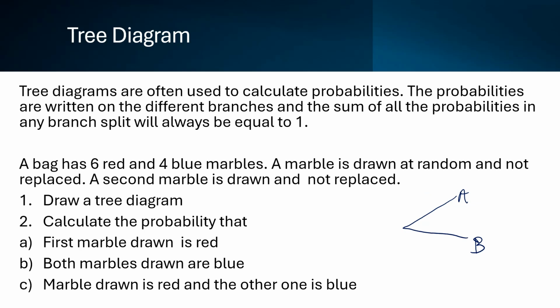Unlike with Venn diagrams and contingency tables, where we can put actual outcomes and numbers of outcomes, in tree diagrams we only put probabilities of that particular event.